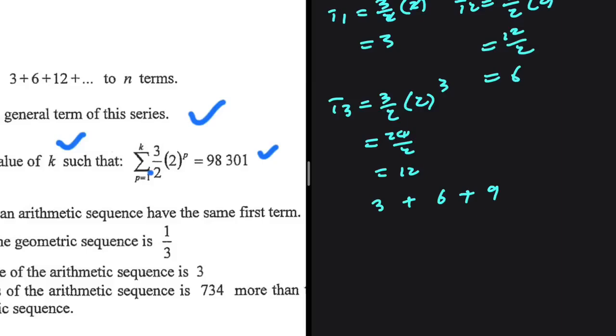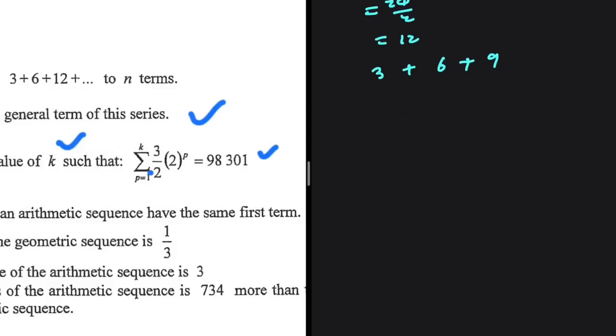We have a formula for the sum of a geometric series, both finite and infinite. In our case, we're going to have the sum being equals to a multiplied by r to the power n minus 1 divided by r minus 1. You cannot use sum to infinity is equals to a divided by 1 minus r in this case, because r is not between minus 1 and 1.